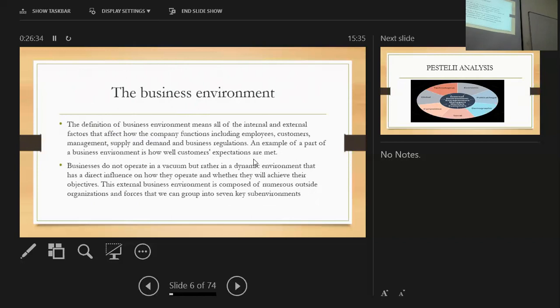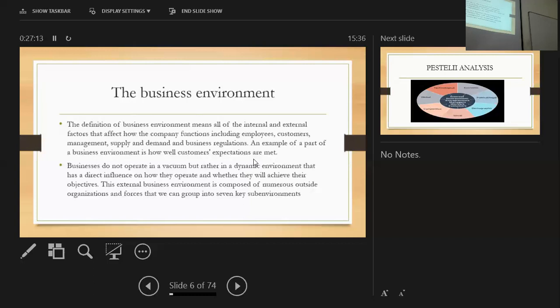Now, the definition of the business environment means all of the internal and external factors that affect how the company functions, including employees, customers, management, supply and demand, and business regulation. Customer expectations being an example of an external factor or a market factor instead, because we do have somewhat of a control towards our customers, right?